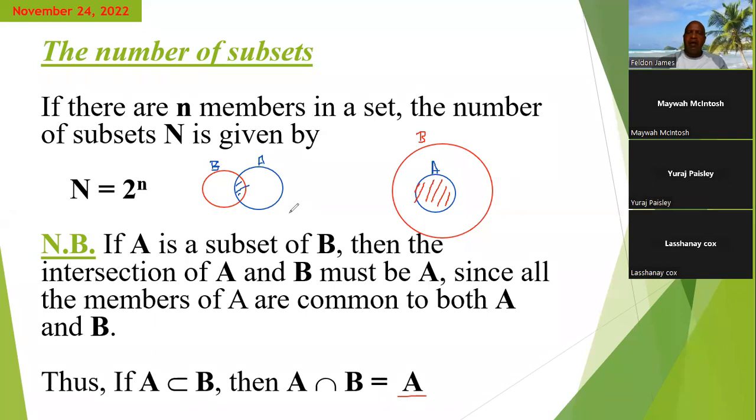Yes, sir. All right. Now, this set A in this one is not really just overlapping, but the entire set A is in B. So if you consider the members that are in A, which are also in B, would be everything in A. You follow what I'm saying? Yes, sir.